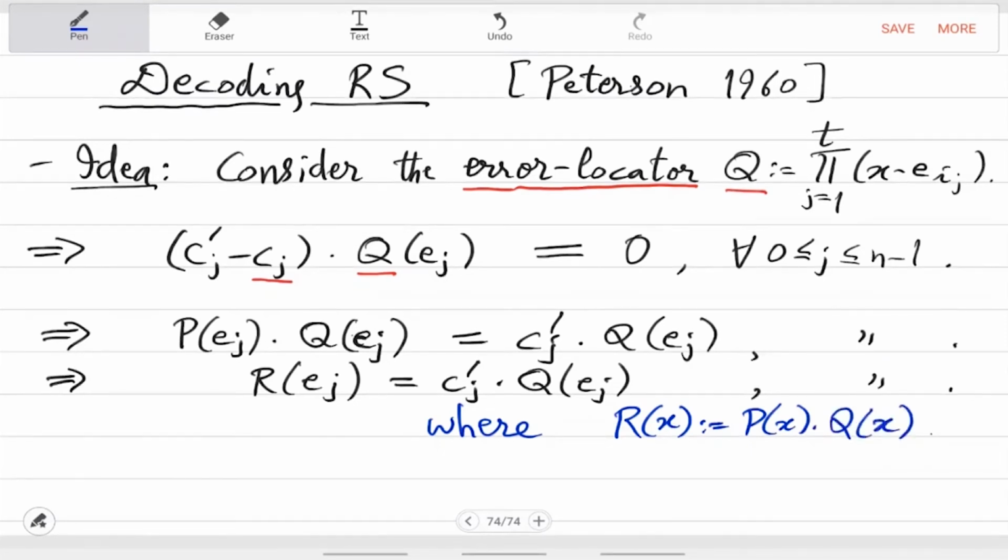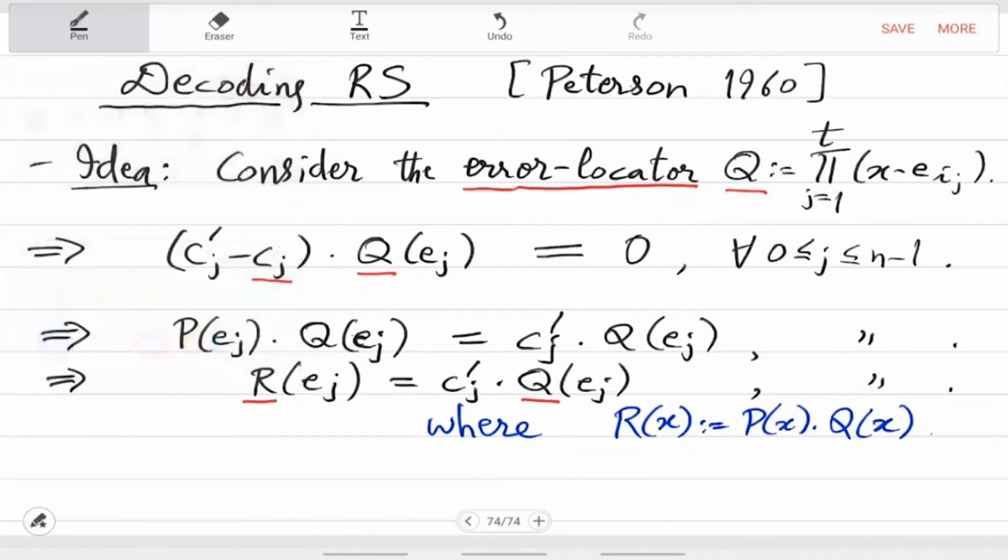P and Q are both unknown, so we just take the product, and R is also unknown. So there is this unknown polynomial R which at Ej equals Cj prime, which is known, times Q(Ej), where Q is unknown. So here R and Q are both unknown. Everything else in this equation is known to Bob.